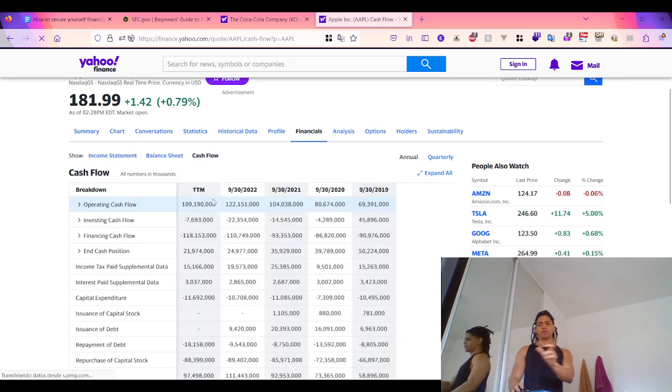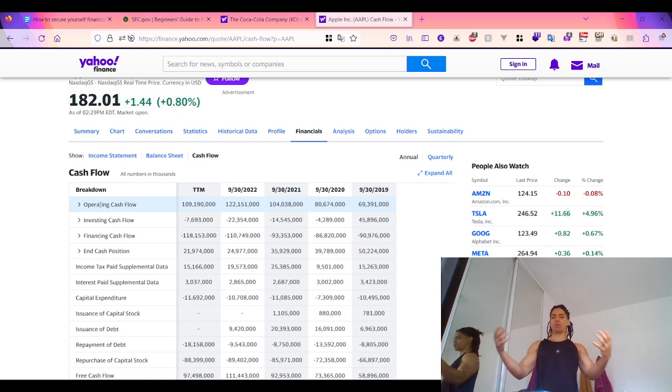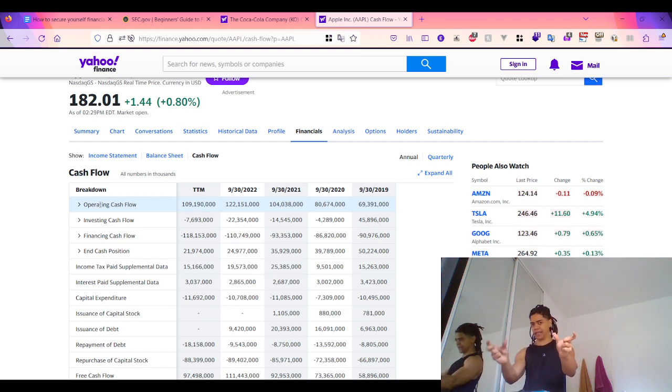So the first part of the cash flow is the operating cash flow. What it does here is analyze the net income from the income statement and reconcile it with the total amount of cash that was used from operating activities. The most common operating activities are operating assets and operating liabilities.